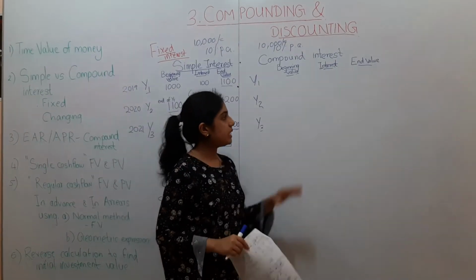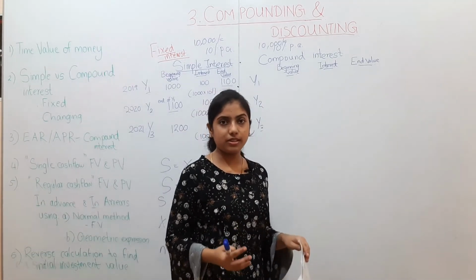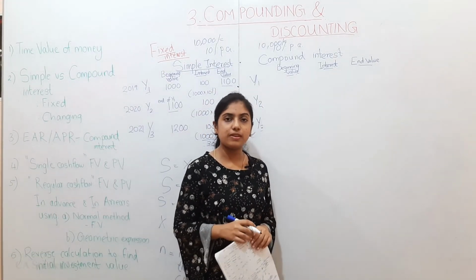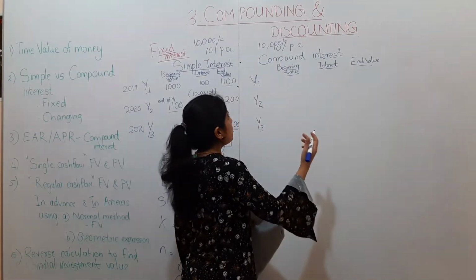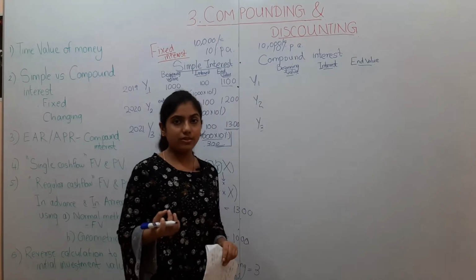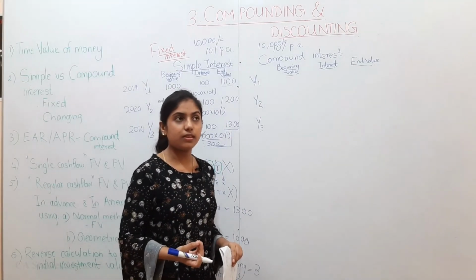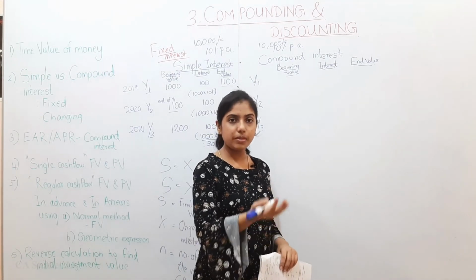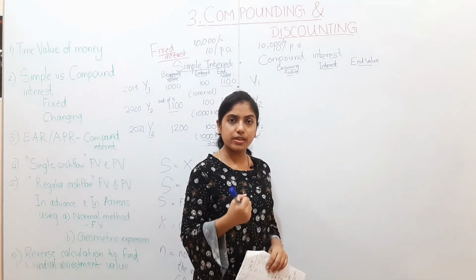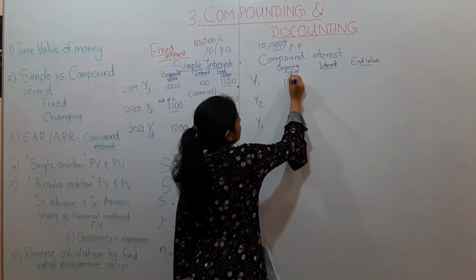Alright, so let's start with compound interest: how to calculate the final investment value and the interest value. So as usual, imagine this way: we go to the bank and we invest 1000 rupees in our fixed deposit account. So the bank receives 1000 rupees straight away, which will be the beginning value in year 1.